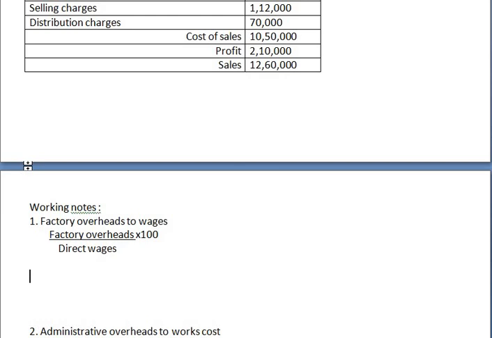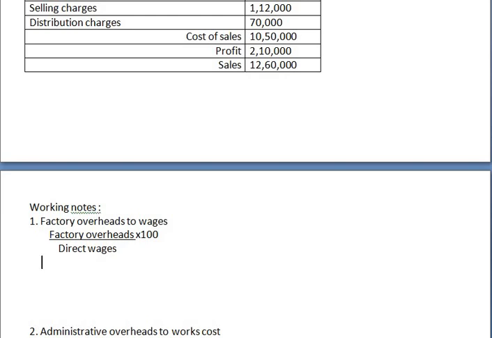The first working note: factory overheads to wages. Factory overheads is calculated based on direct wages. So the formula is factory overheads divided by direct wages into 100. In the previous semester also we learned how to calculate percentages; in the same way we are calculating here.